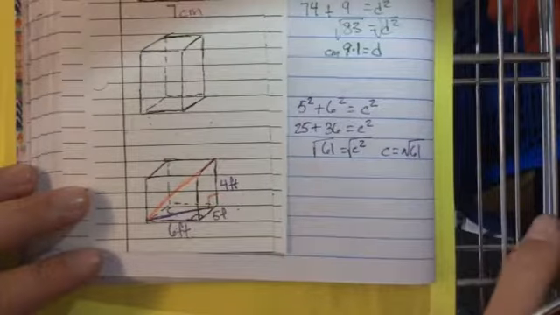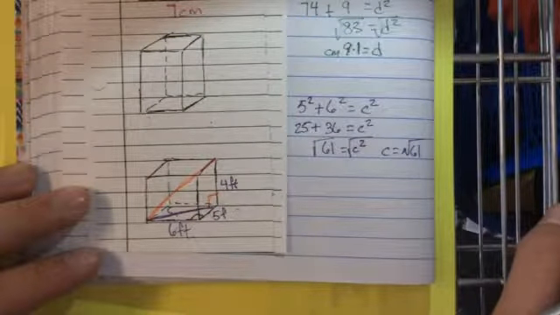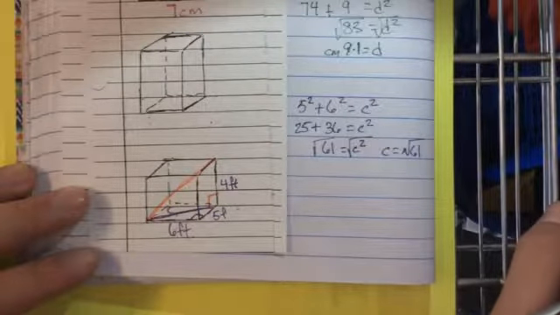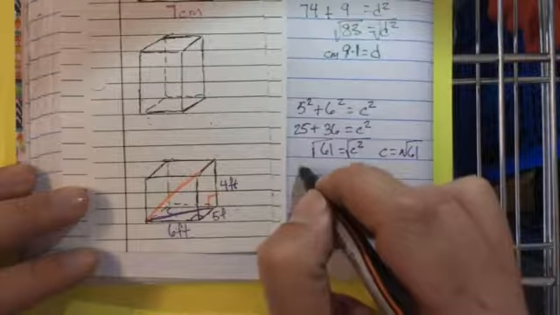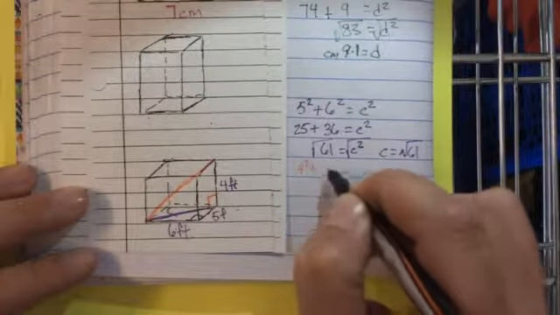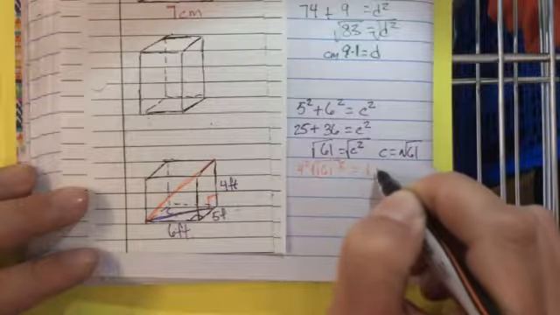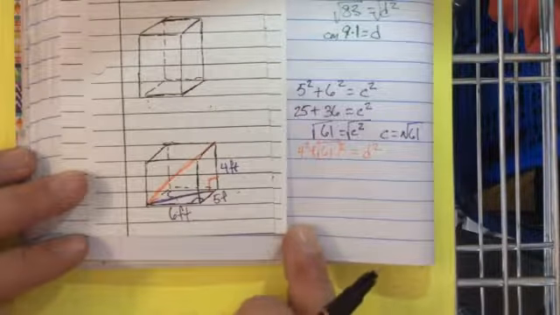So how am I going to write this next equation? So we have 4 squared plus the square root of 61 squared equals D squared.